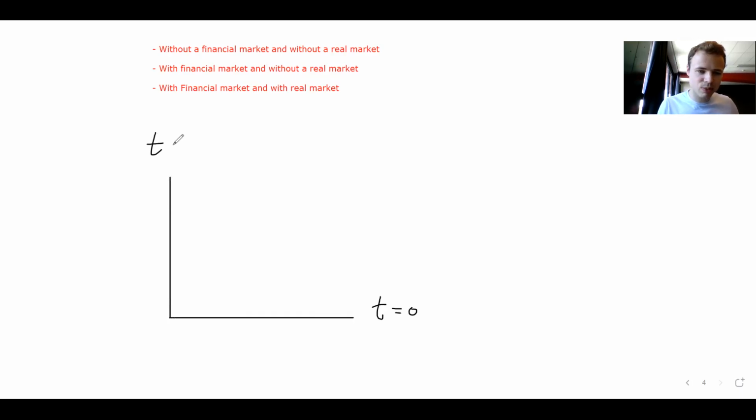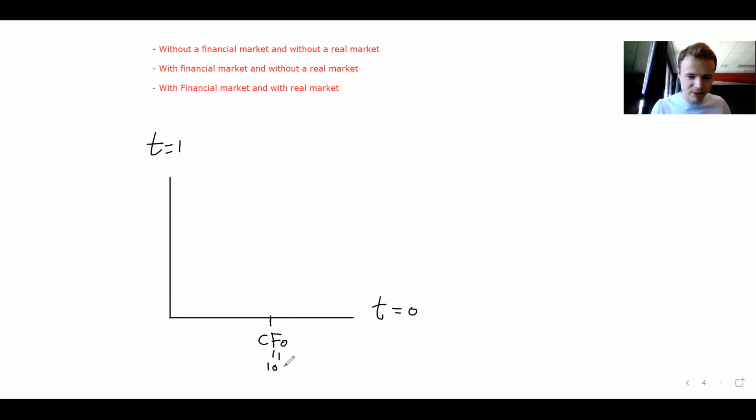So the basic idea is that you only have 1 period and 2 moments in time. So you have today, that is t is 0, and you have t is 1. And you will get a particular cash flow today, and that's called the CF0.